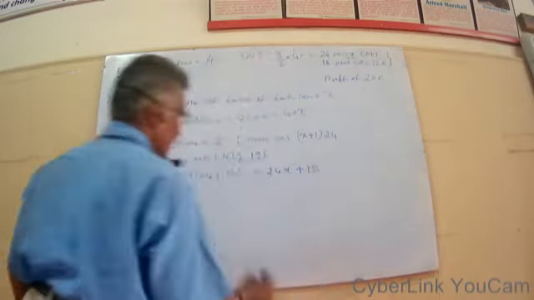But by this the dealer gets 20% profit. So what is the 20% of? 20% of this selling price means this 24x plus 150.